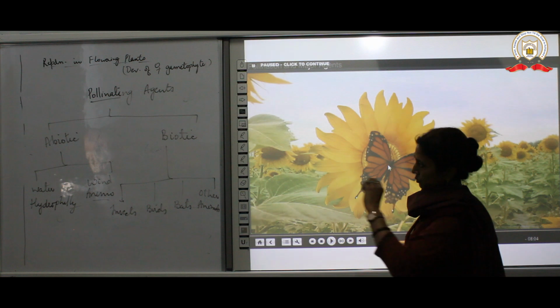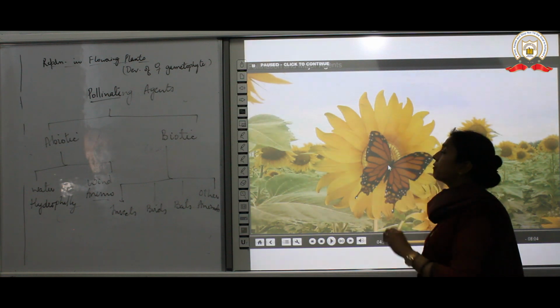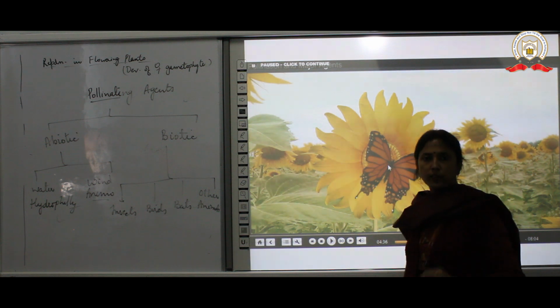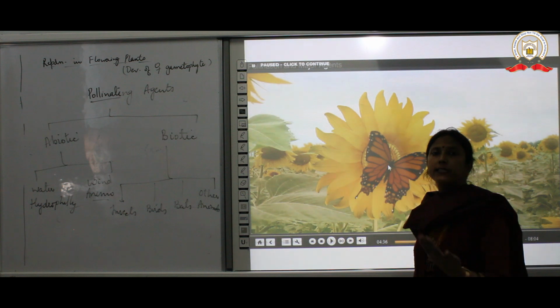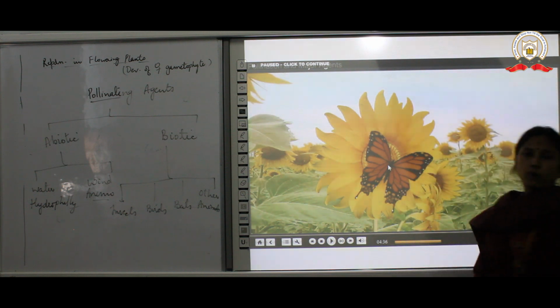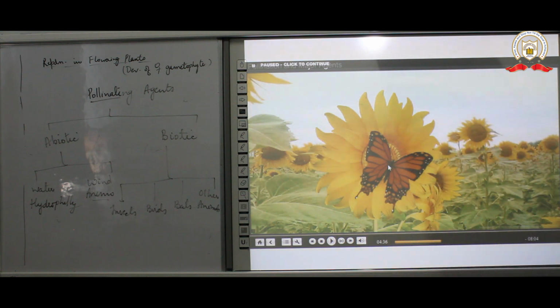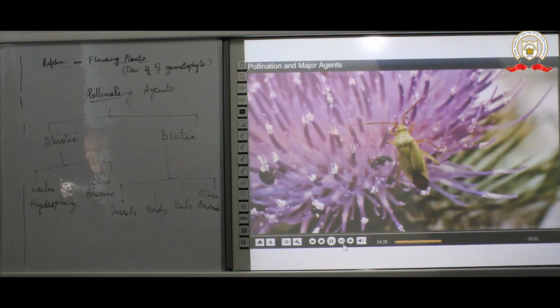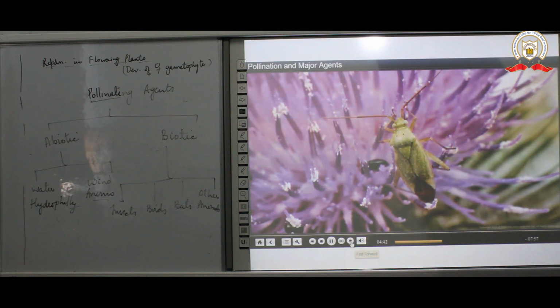Either it is done through an abiotic agent or through a biotic agent, it is always helping in the transference of pollen, and to some extent this is progressing the process towards fertilization. I hope this is clear to all of you children, how the insects are visiting and helping in the process of pollination.